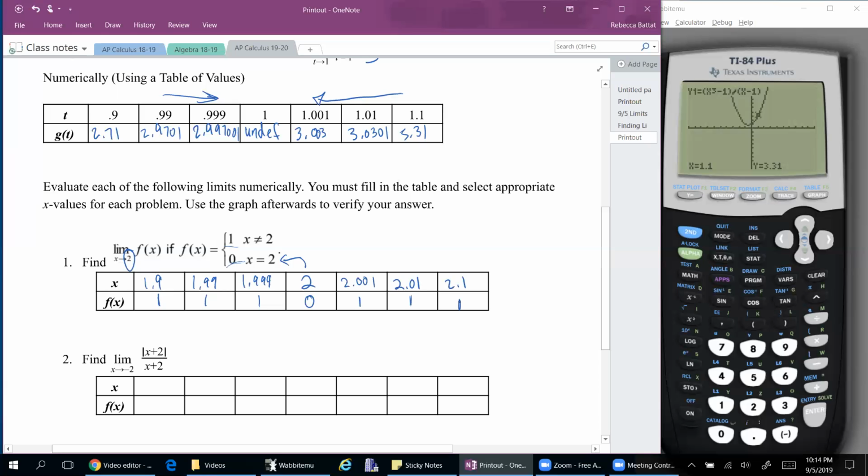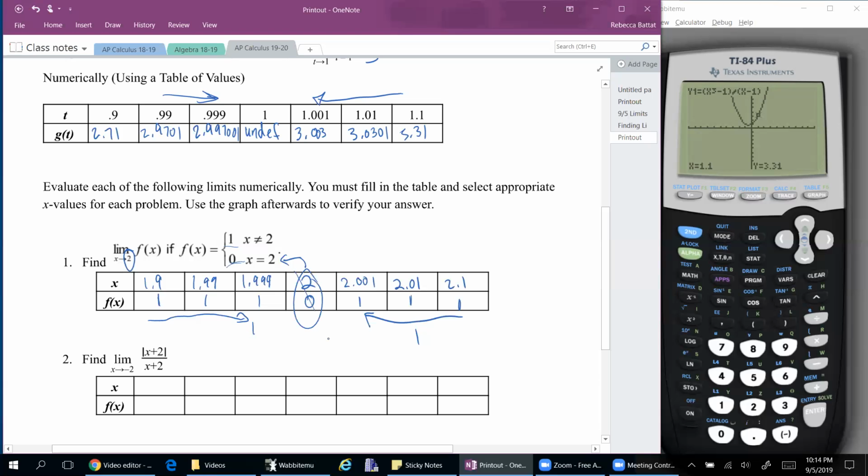So if we're coming from the left side, what do we think the value is? Well, it's been 1 the whole time. And if we're coming from this way, we also see 1. Remember, the limit does not care what the actual point of the function is, so we're not going to use this.